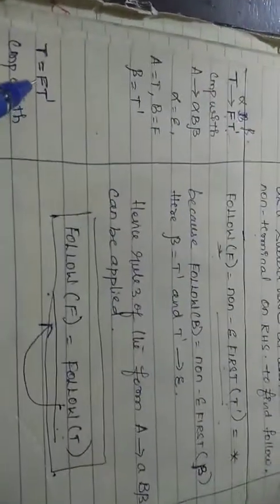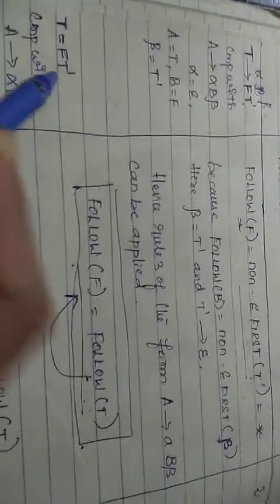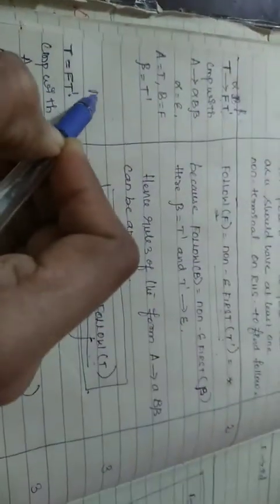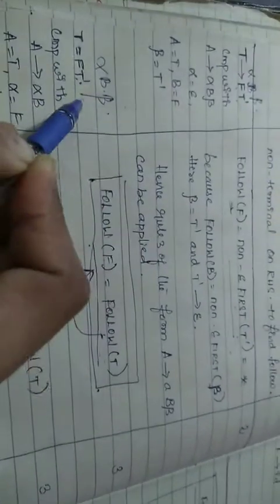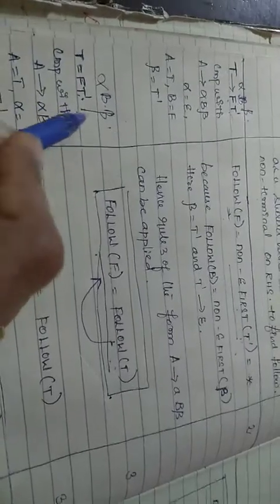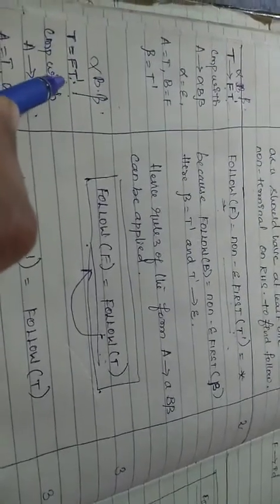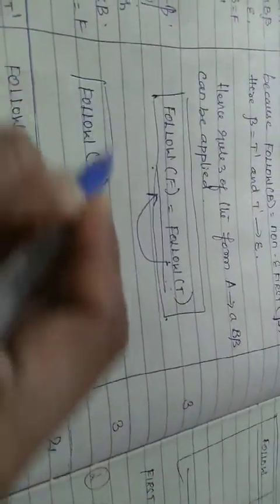Now, T gives F T dash, no? What is your next symbol? T dash. So B has to be equated here. Alpha is F, then beta. Now, probably beta is epsilon. Again, go to the third rule. Since beta is epsilon, you can always go to the third rule. The third rule says follow of B equals follow of A. Follow of T dash equals follow of T. Make a square.